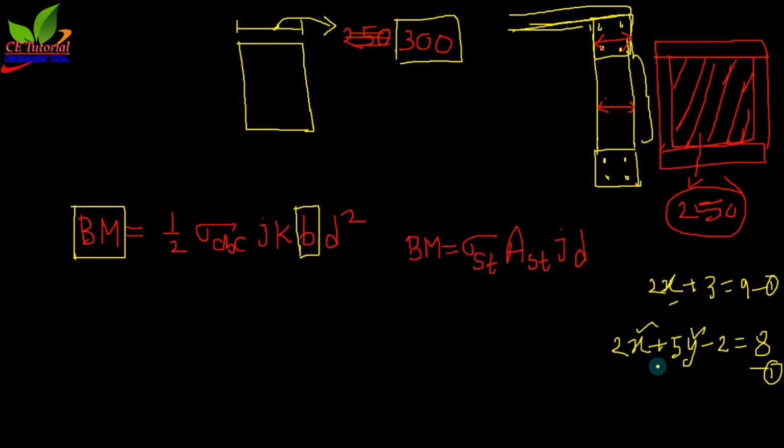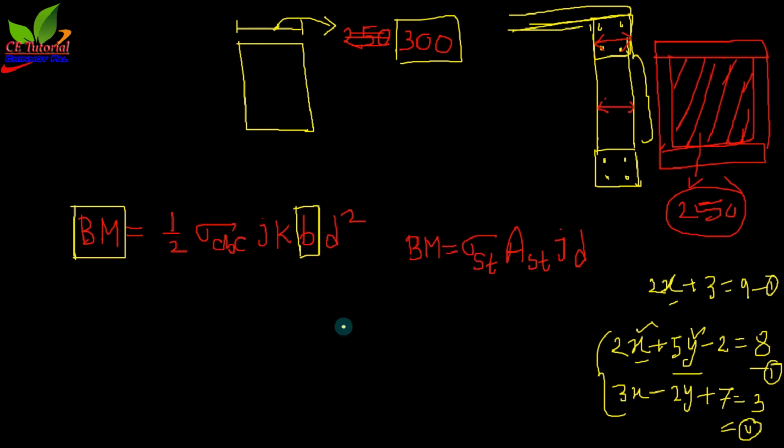To solve it, you need two equations. Suppose 3x minus 2y plus 7 equals 3. If you have two equations, you can solve for two unknowns and get the values of x and y.